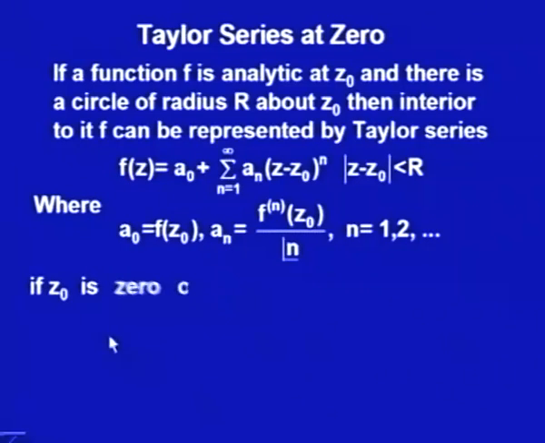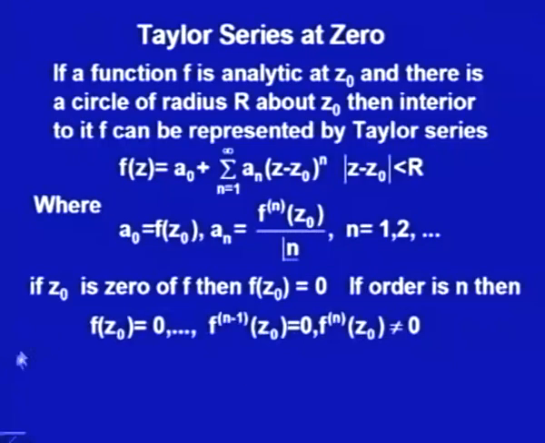What it says is that if z naught is a 0 of order n, then f of z naught is 0, and all derivatives up to n minus 1 at z naught are equal to 0, but the nth derivative of f at z naught should not be 0.